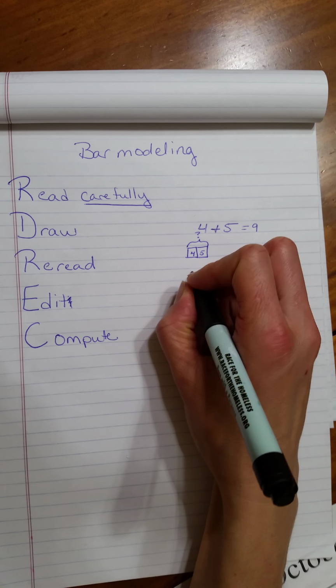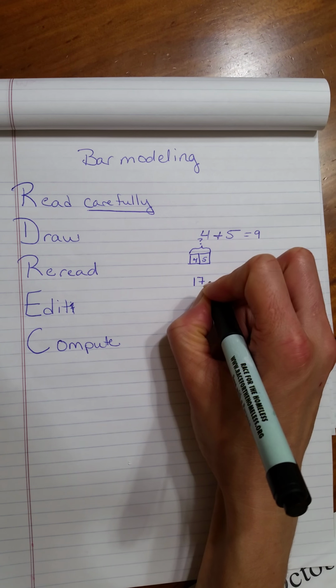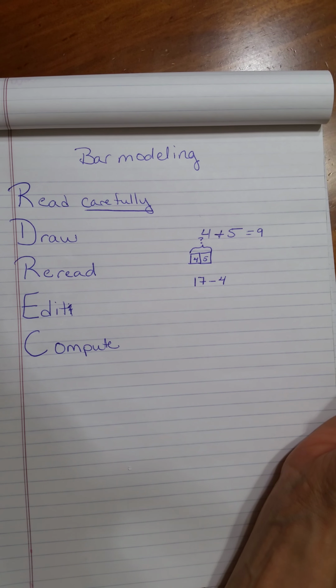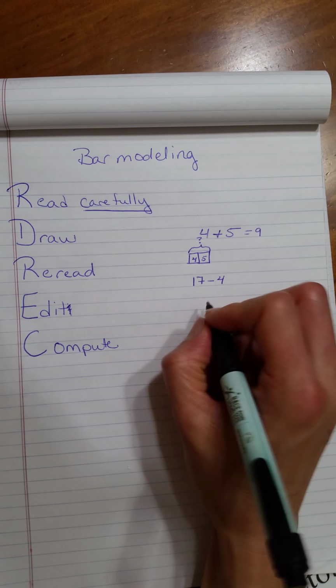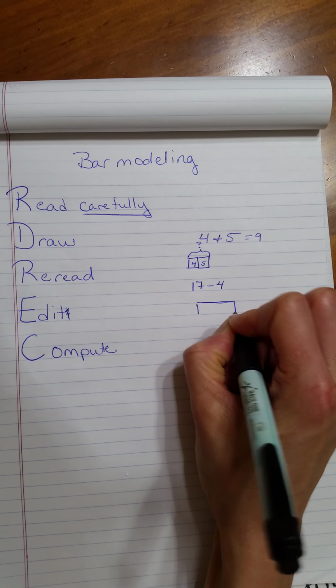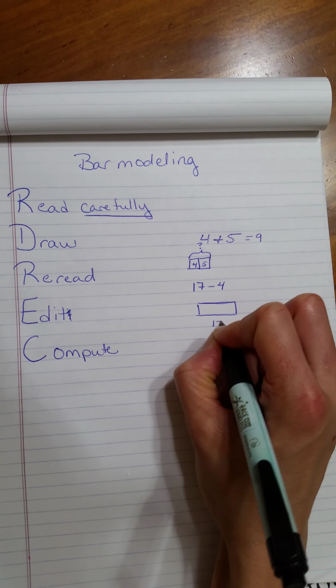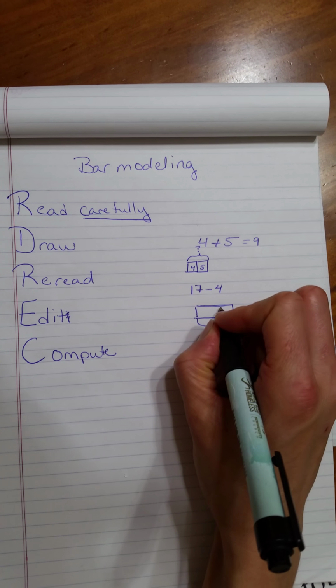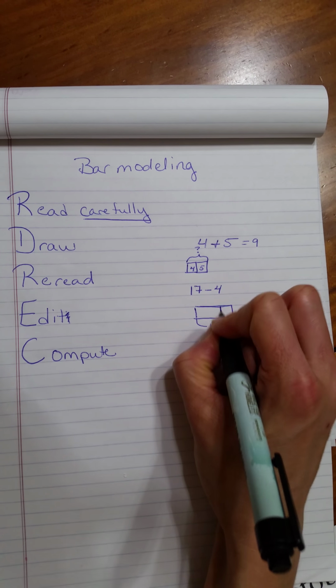Now let's say we are given the problem 17 minus 4, and we're supposed to find out what that answer is. Okay, so I'm going to draw my whole that represents 17. Okay, I know that 4 is only a little chunk of it.